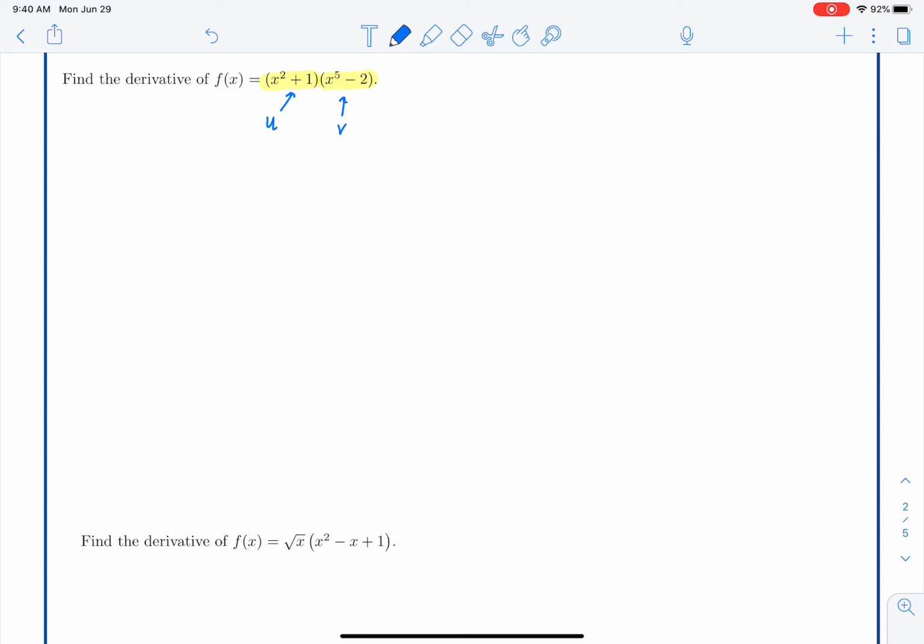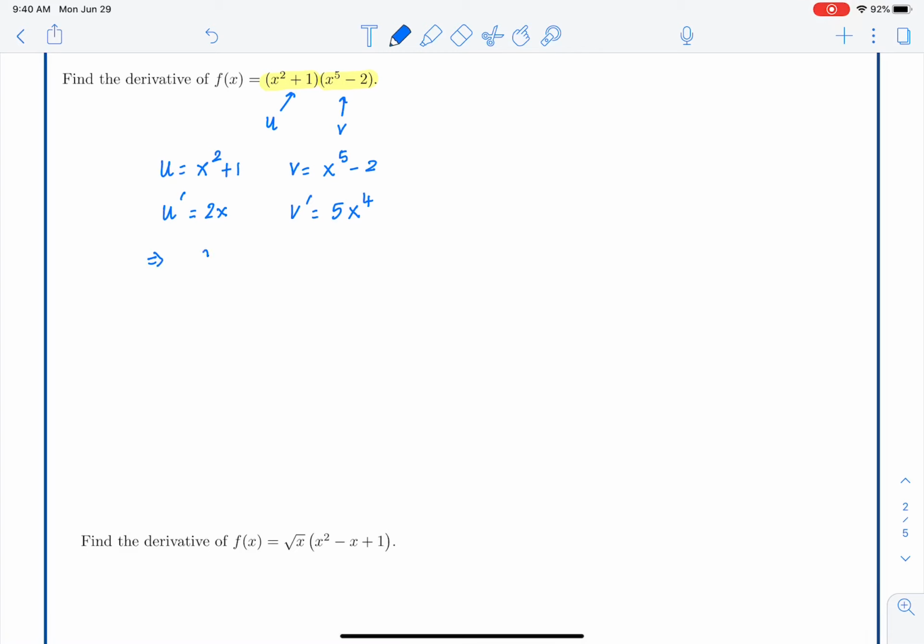U prime will then be the derivative of x squared, which is 2x. Derivative of 1 is 0. Derivative of x raised 5 is 5 times x raised 4. Derivative of negative 2 is 0.